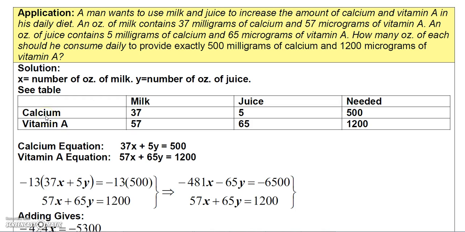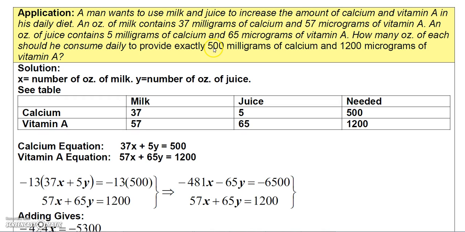Now let's draw a table here. This table is the calcium. An ounce of milk contains 37 milligrams of calcium, and an ounce of juice contains 5 milligrams of calcium.